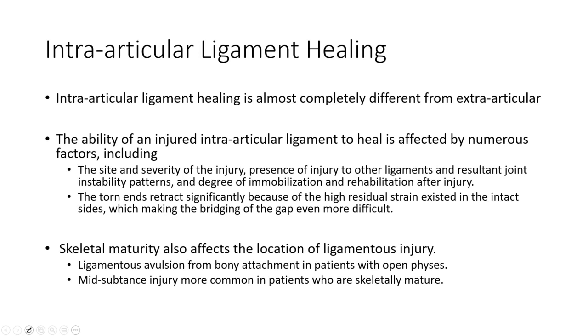However, in anyone who's skeletally mature, where the physes are closed, you're probably going to see a mid-substance injury, and because of the very limited ability for it to heal, you're almost always going to need surgery, especially if it's a full rupture.